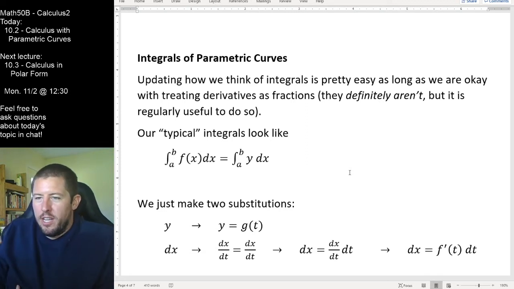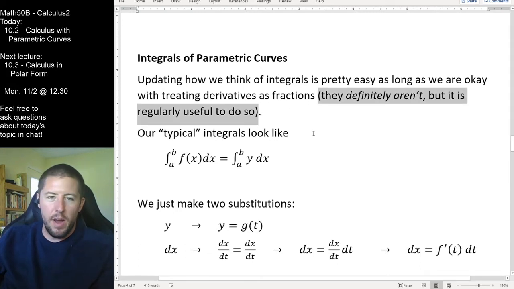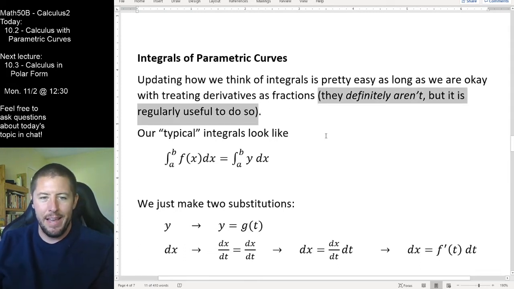So here's our scenario. And by the way, I just have to say it every single time because otherwise the calculus police are going to come and just straight up abduct me. dy/dx is not a fraction, and it is not necessarily appropriate for you to ever treat it like a fraction. It looks like a fraction, and that notation was decided upon by people that recognize that it often, but not always, follows the same rules as fractions follow.